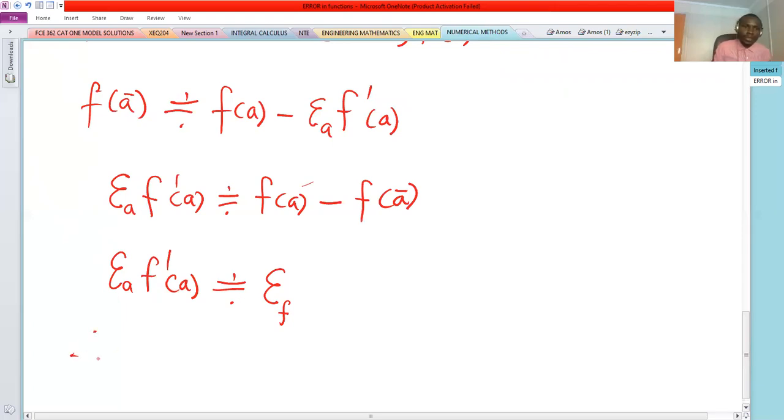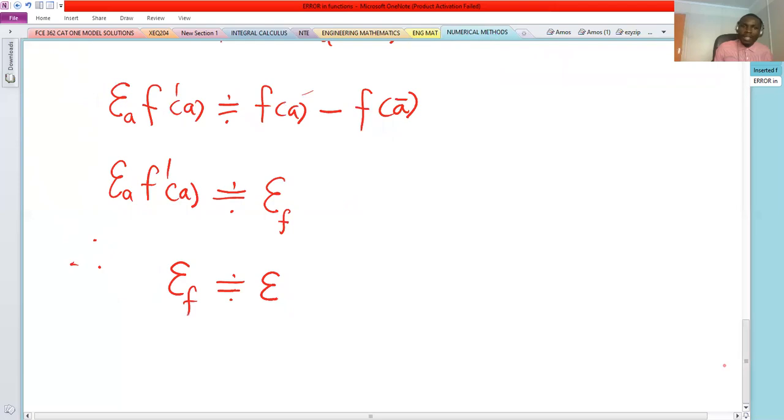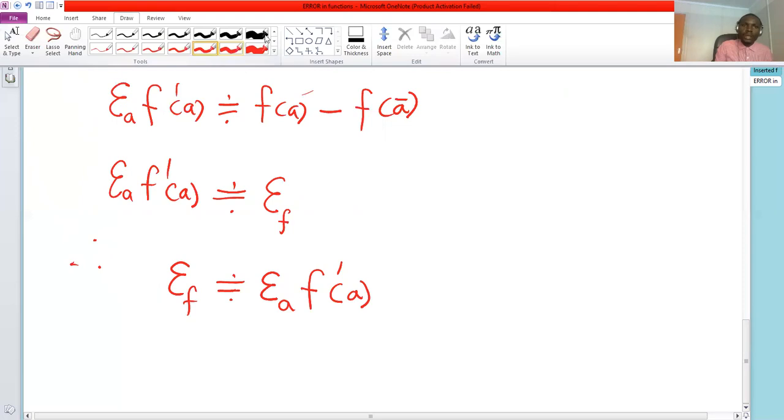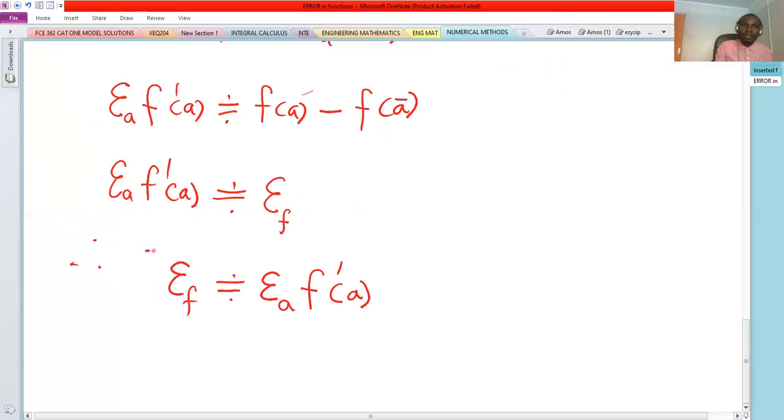Therefore, the error in a function of a single variable is given by finding the error at that particular point and multiplying it by the value of the derivative of the function at that same point. This is the error formula in a function of a single variable.